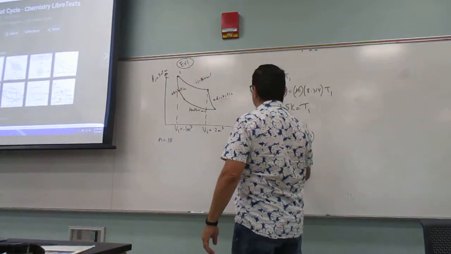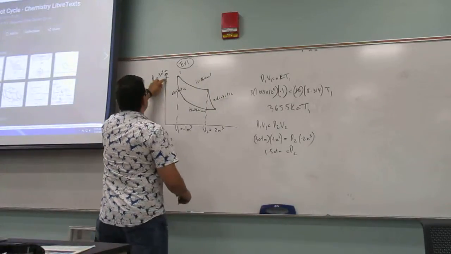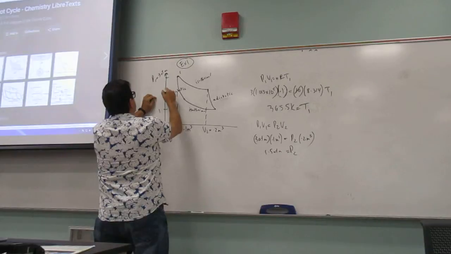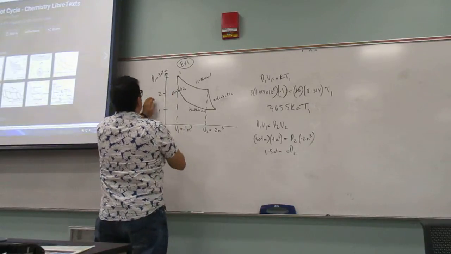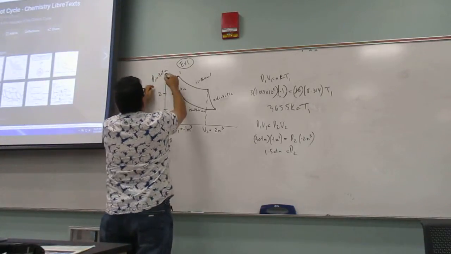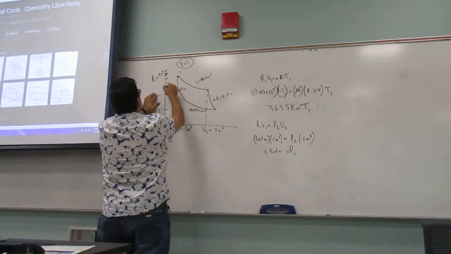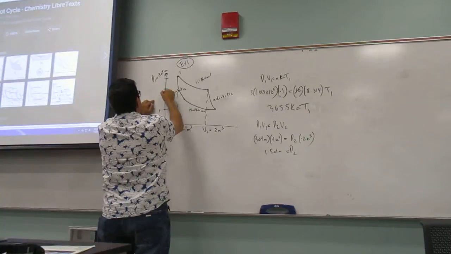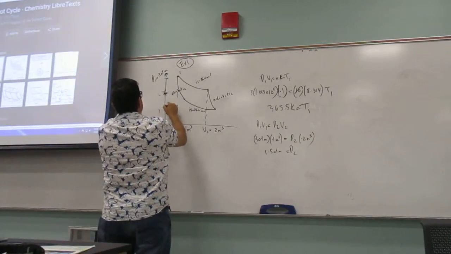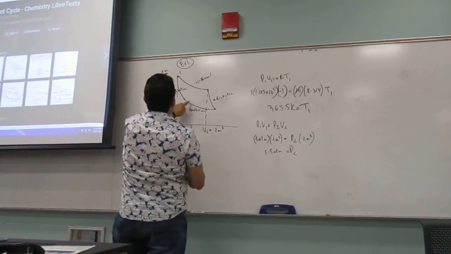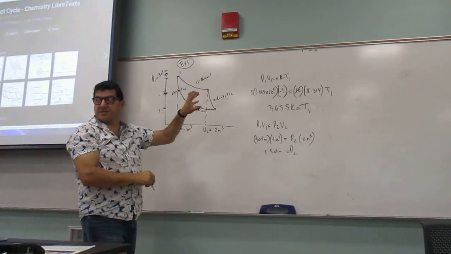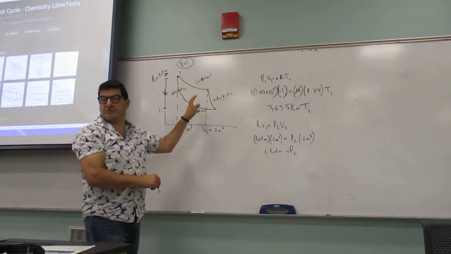1.5 atmospheres. So graphically, if this is 1, and this is 2, and that's 3, where should it be? 1.5. Oh, you see? My drawing is wrong. That's why I'm particular about the graph, because I want it to be realistic.